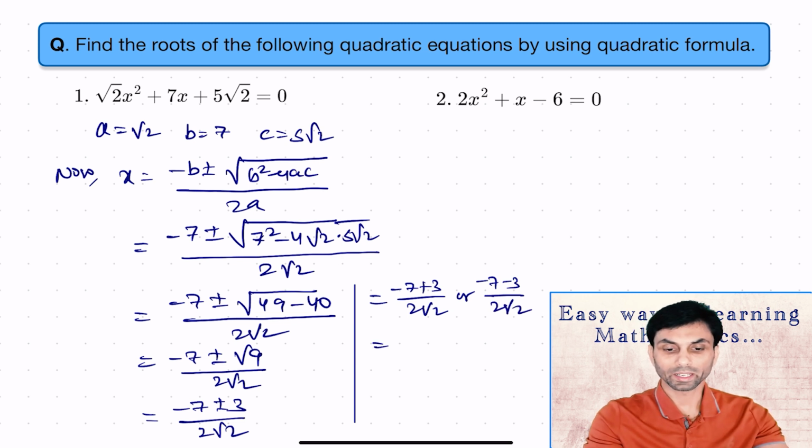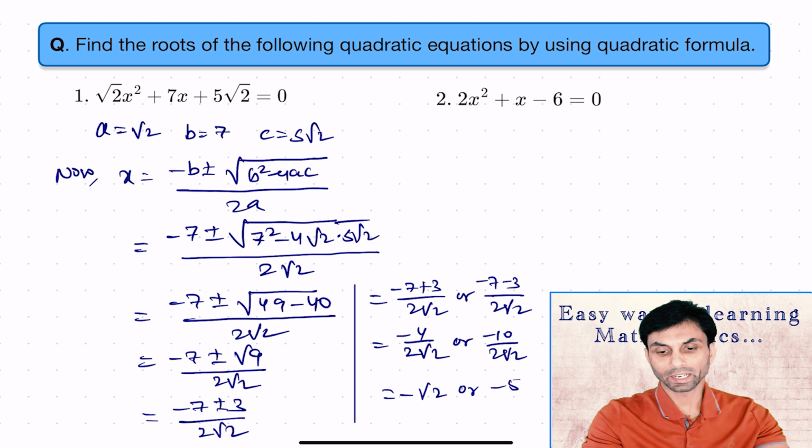On solving, we'll get it as minus 4 upon 2 root 2 or minus 10 upon 2 root 2, which will become minus root 2 or minus 5 upon root 2.